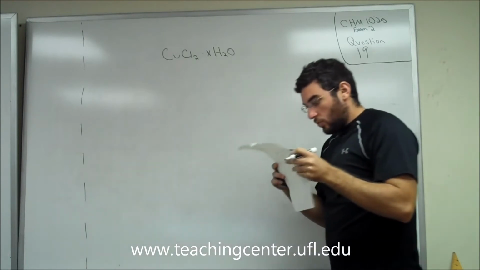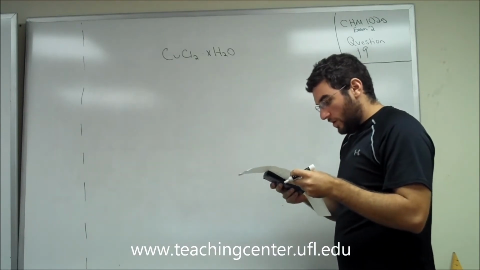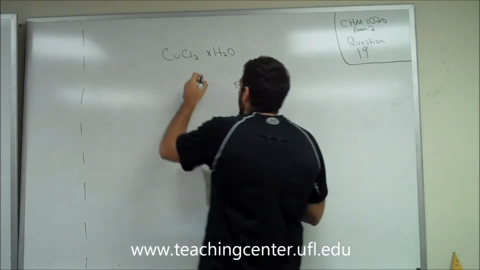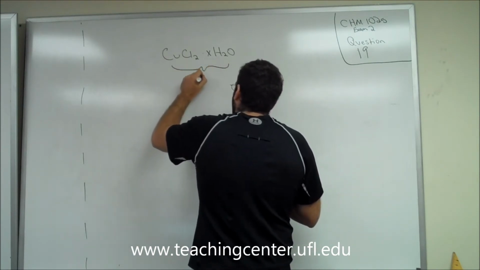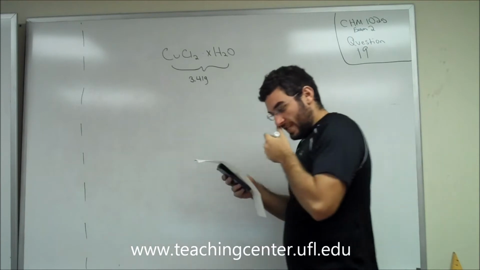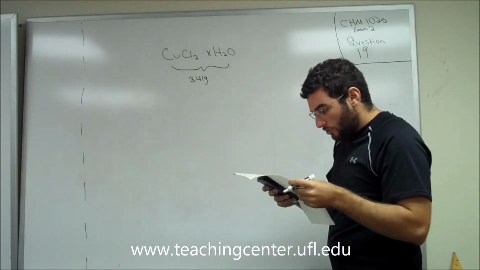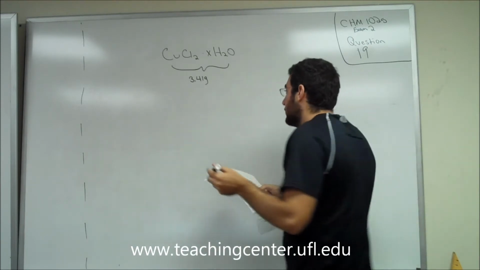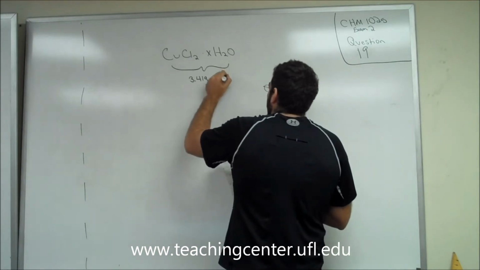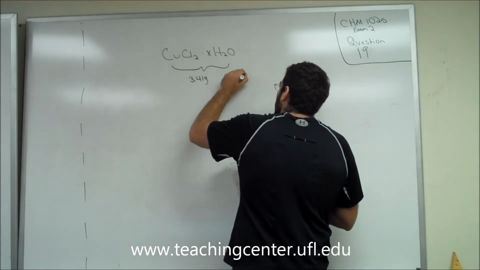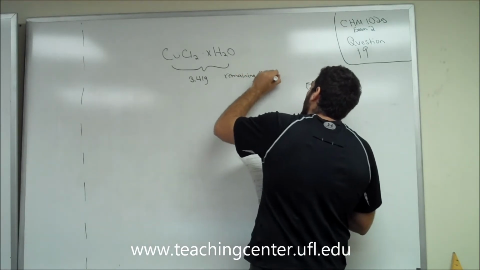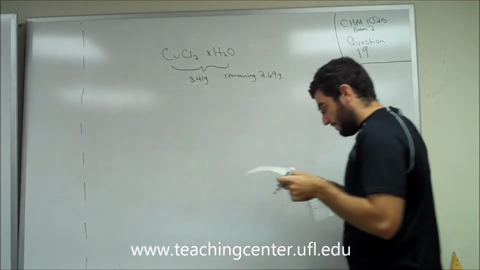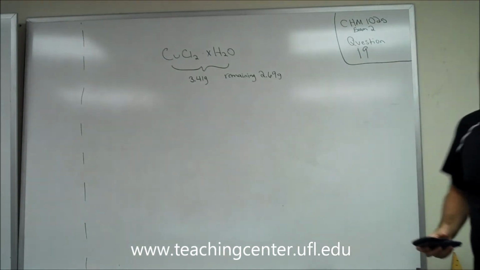The water in a 3.41 gram sample of the hydrate, so initially we have 3.41 grams, was heated off. The remaining sample had a mass of 2.69 grams. What is the value of X?